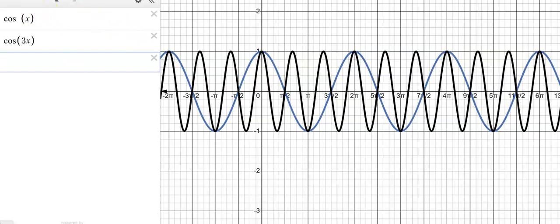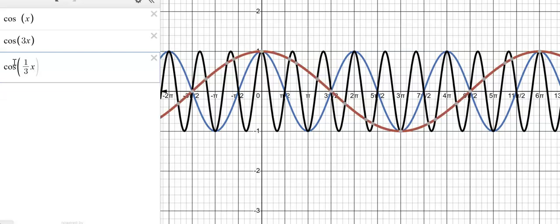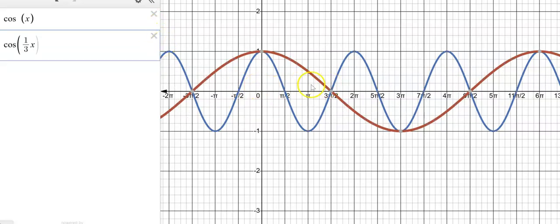Or I could say the cosine of 1 divided by 3 x. Oh, it's going to be red. Well, it doesn't matter that it's red. I'm going to X this one out here. If I multiply by 1/3, then all of a sudden it stretches my graph, and it takes 3 times as long to get one phase in.